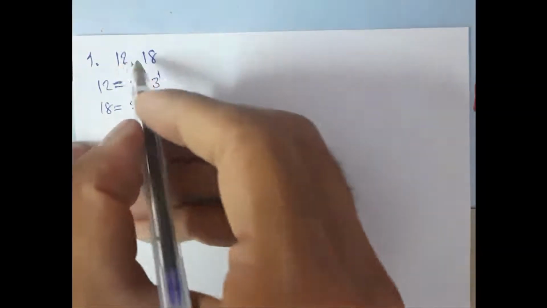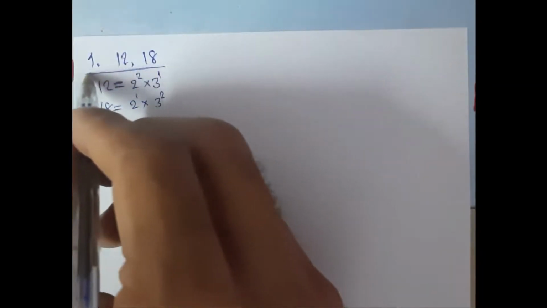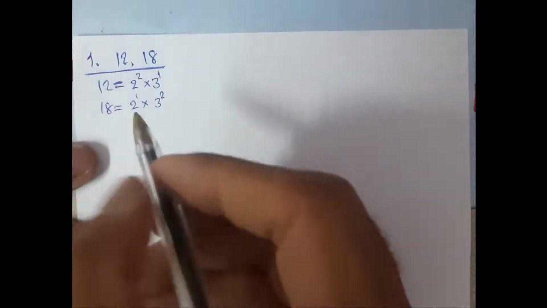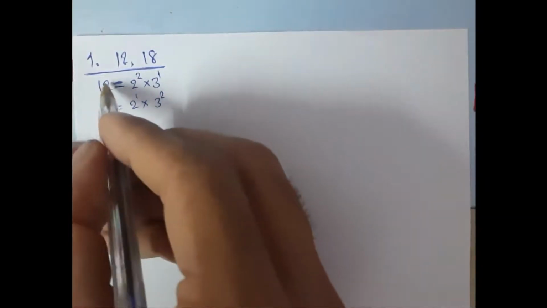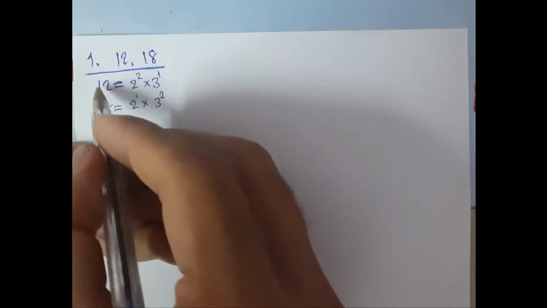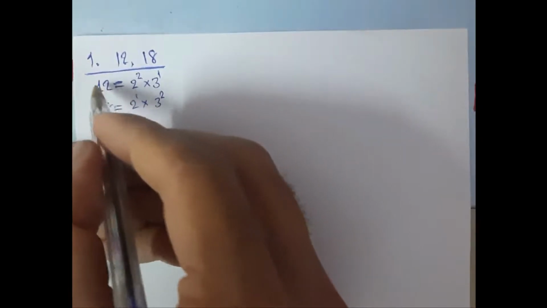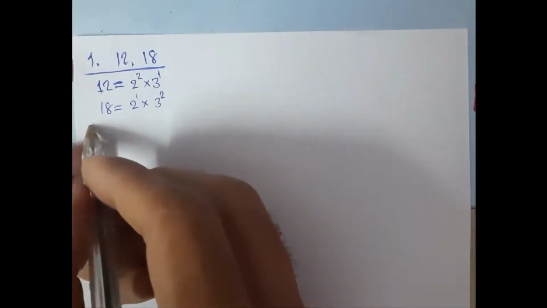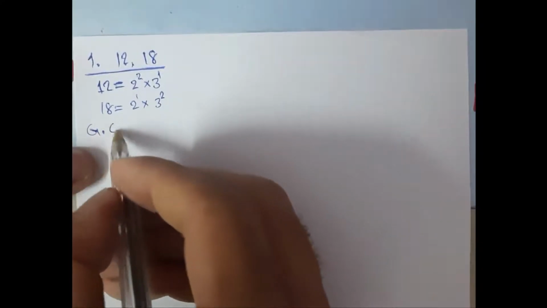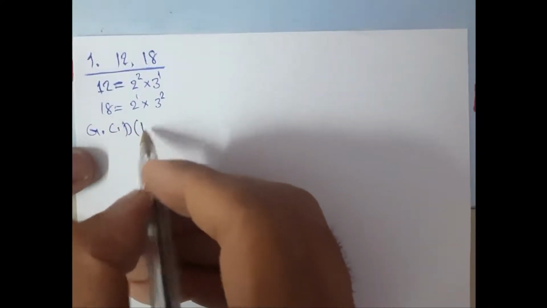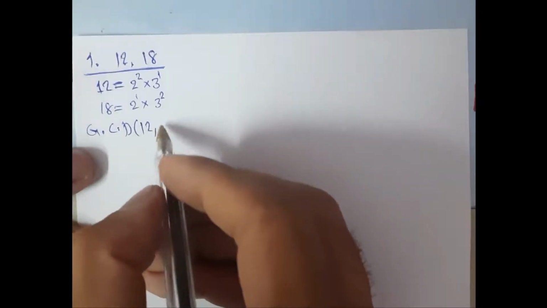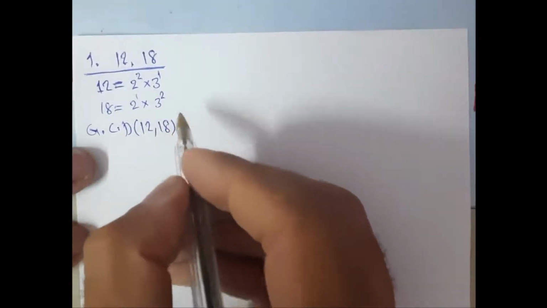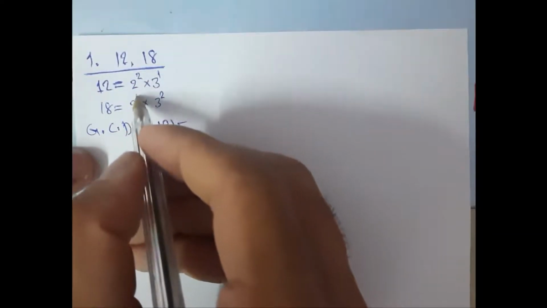You know the prime factorization, so here we write the result. Now if we want to find the GCD of 12 and 18, we have 2 to the power 2 and 2 to the power 1.